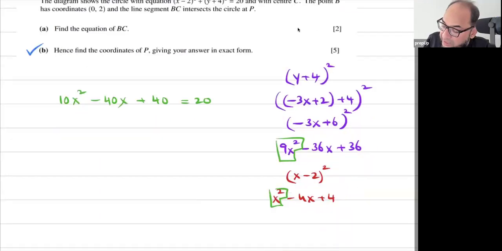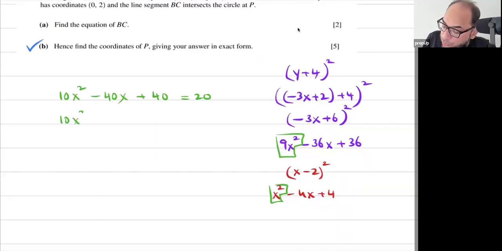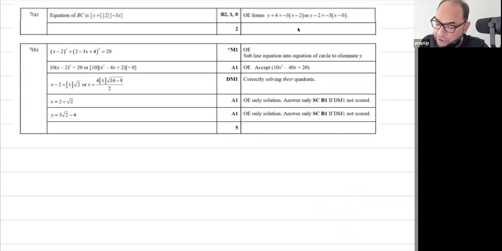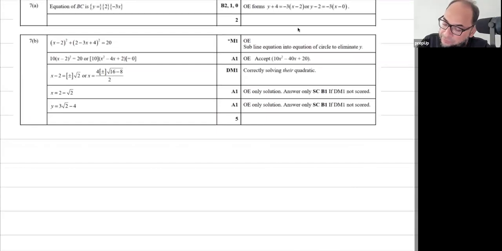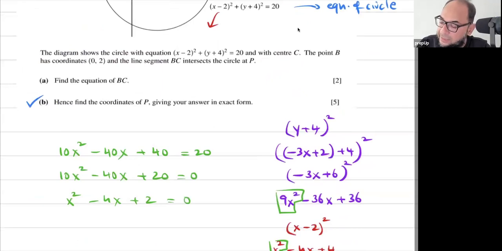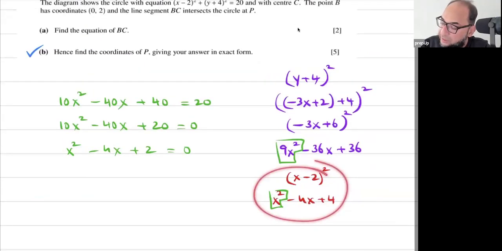This equals 20. 10x square minus 40x plus 20 equals 0. x square minus 4x plus 2 equals 0. Is that the equation? Let me double check. x square minus 4x plus 2 equals 0. All good, all clear. So I hope you realize that I solved this one separately over here.